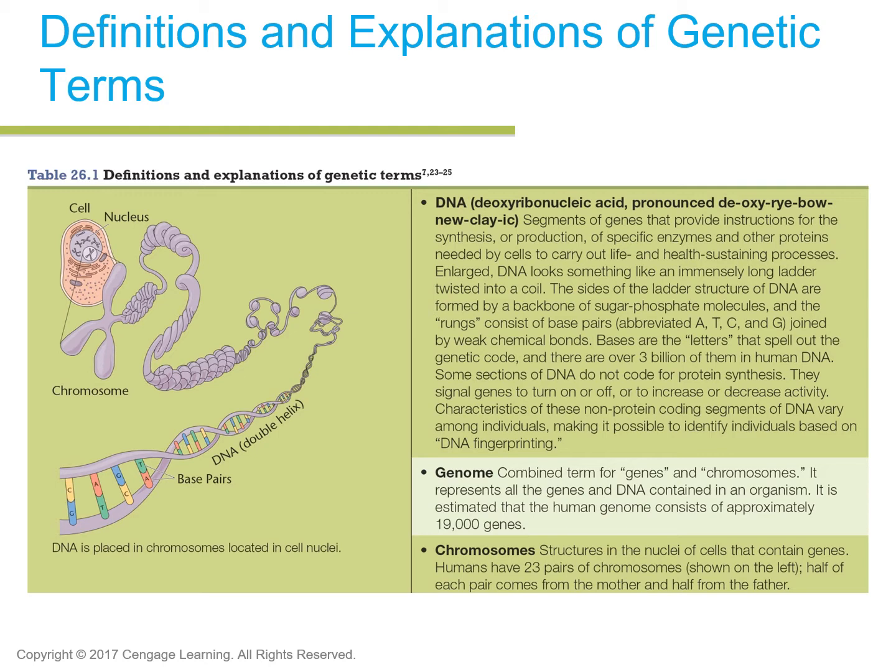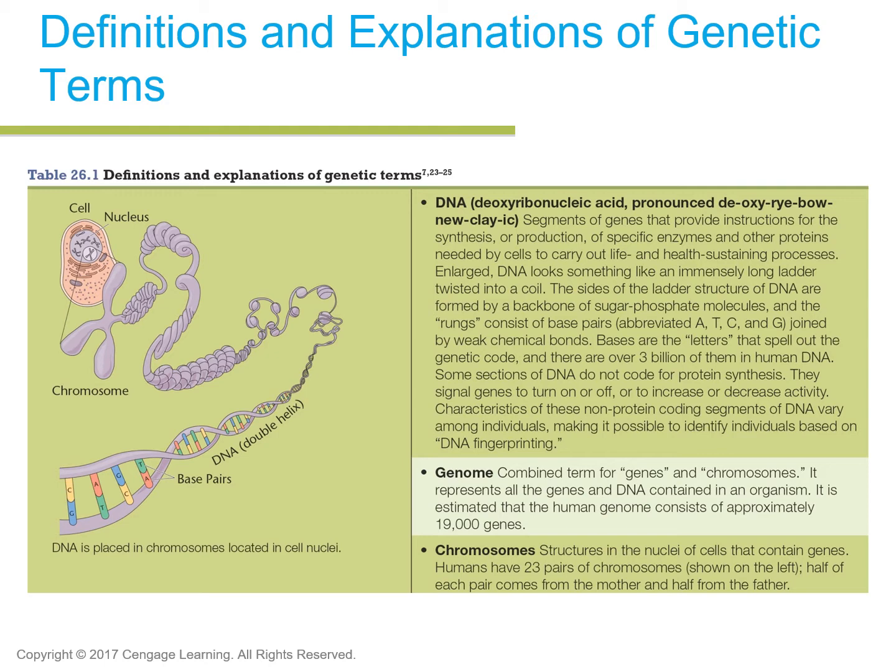It is estimated that the human genome consists of approximately 19,000 genes, okay? And the DNA that makes up each gene has 4 different chemical building blocks, called bases, abbreviated as A, T, C, and G. Altogether, our genes contain about 3 billion bases attached to chromosomes within the nucleus of cells.